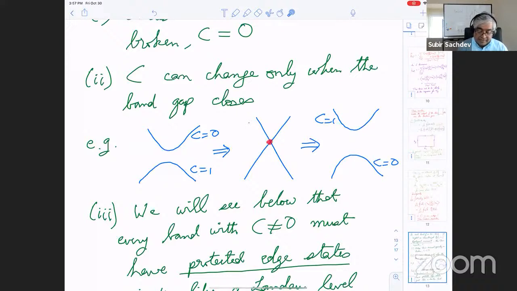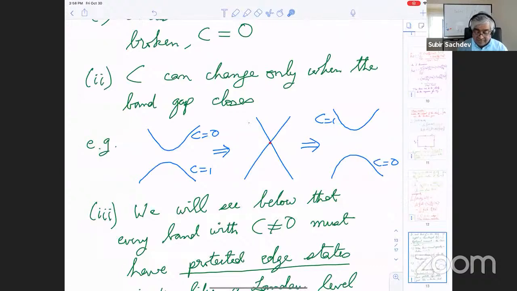And right at this point, you can show quite generically that the dispersion is that of a massless Dirac fermion. So it's only at these Dirac points that the Chern number can change. When, for some reason, two bands kiss at a Dirac point and then separate, then the Chern number can change, and it basically jumps from one to the other.